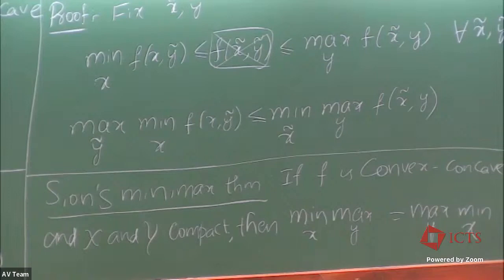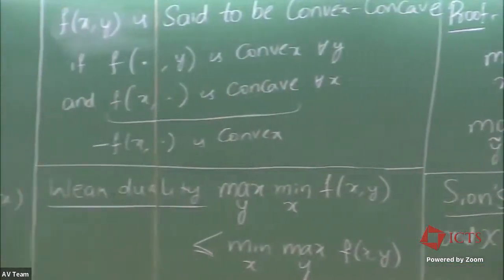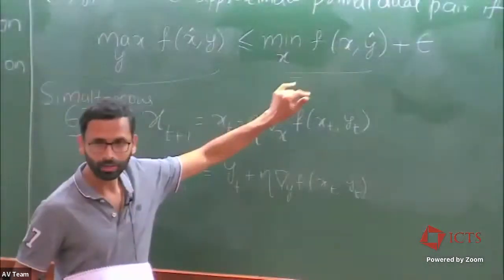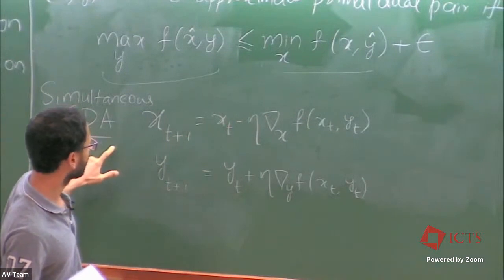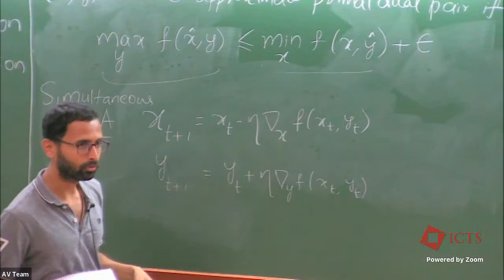So for minimax optimization, at least in the convex concave setting, this is the notion of optimality, which tells us that x hat, y hat is an approximate primal dual pair, meaning that there is not much gap between this, called the primal value, and this, called the dual value. Simultaneous GDA is a natural algorithm for trying to solve these minimax optimization problems.